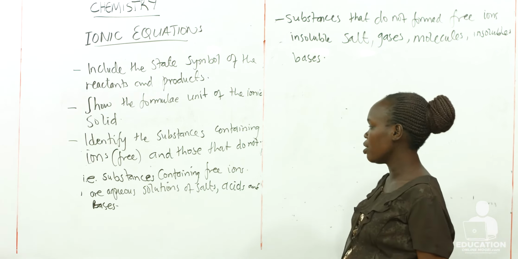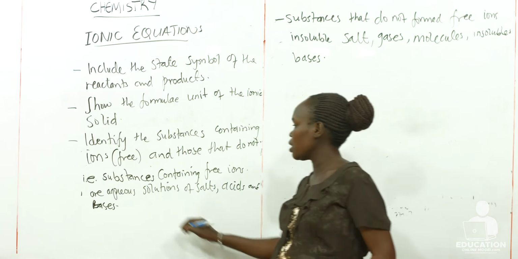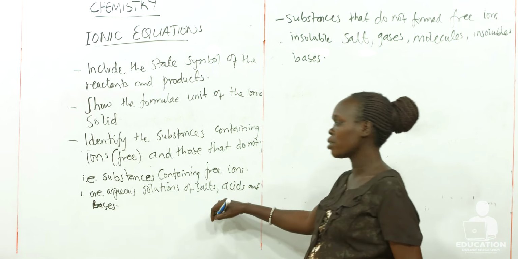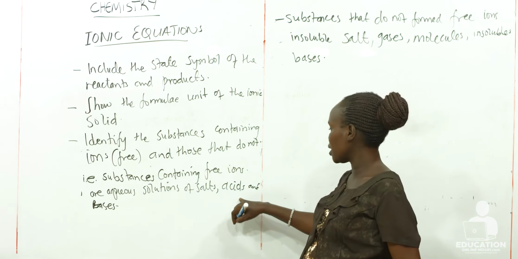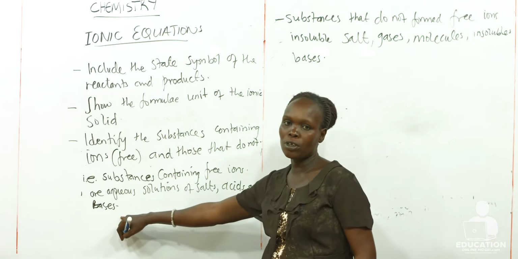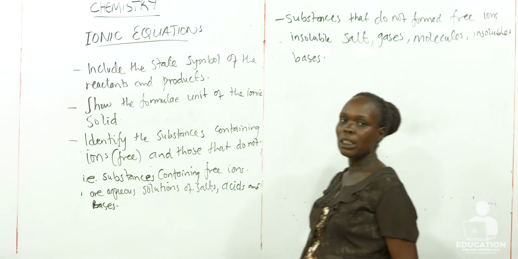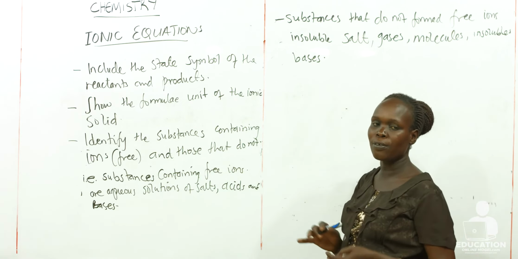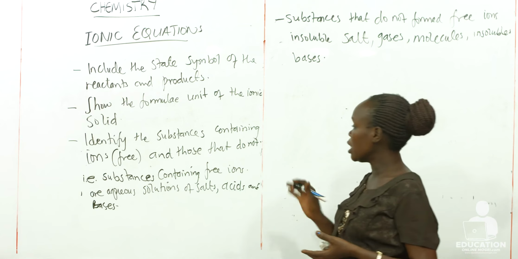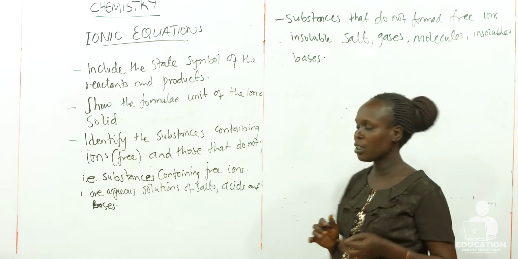The substances containing free ions are aqueous solutions of salts, aqueous solutions of acids, and aqueous solutions of bases. When you have these kinds of substances in a reaction, they can form free ions.